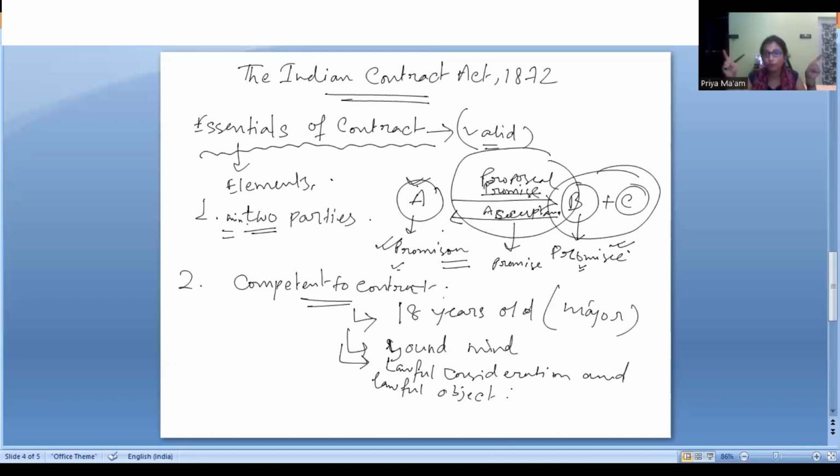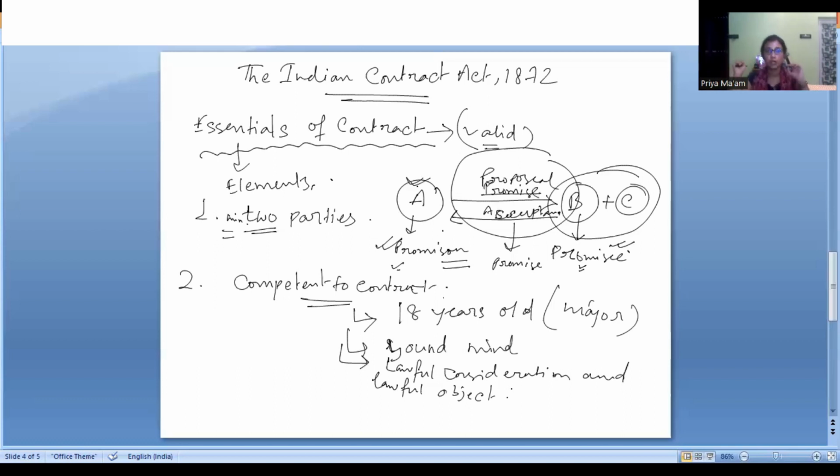Is exchanging of drugs lawful? It is not. So it is unlawful consideration, and this contract will not be valid. So in a contract, the consideration should be lawful and for a lawful object. Means I am giving you a rent of my house and you are using it for unlawful weapons. I was not aware of it.